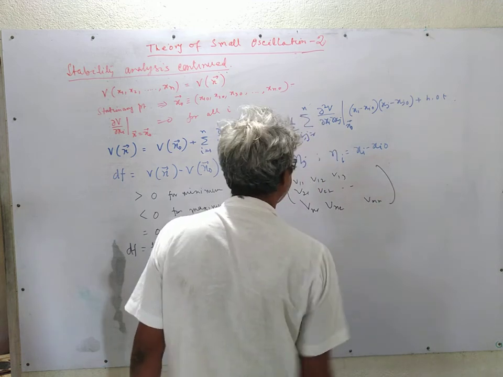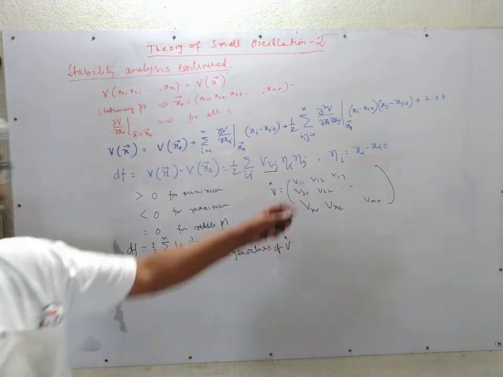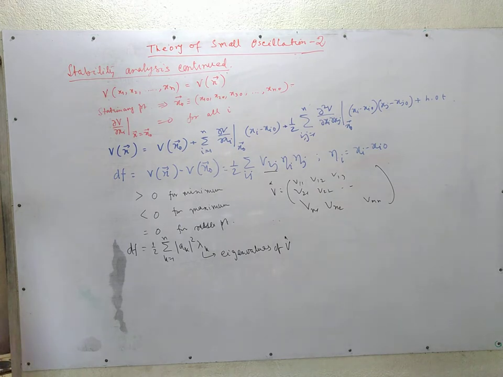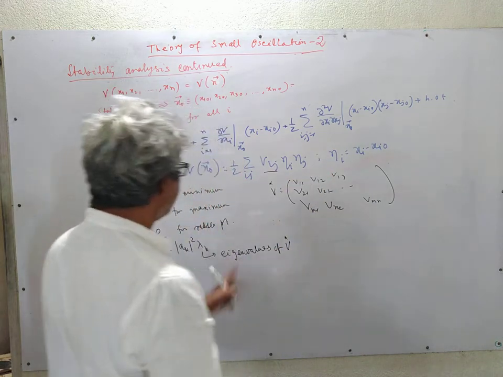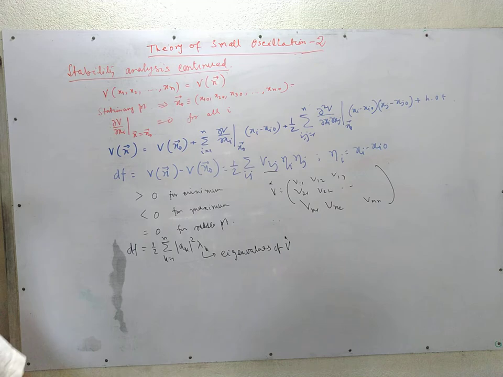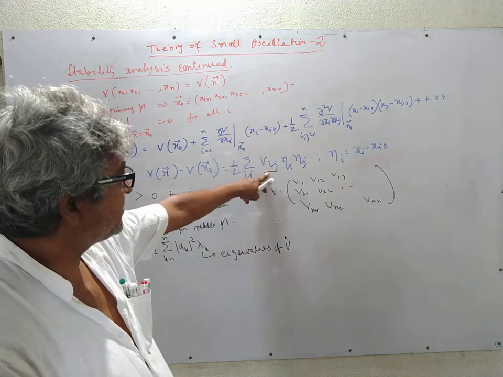This is a square matrix because both i and j run from 1 to n. So for a system with finite degrees of freedom, it is a square matrix and a real symmetric matrix, so it is a Hermitian matrix.